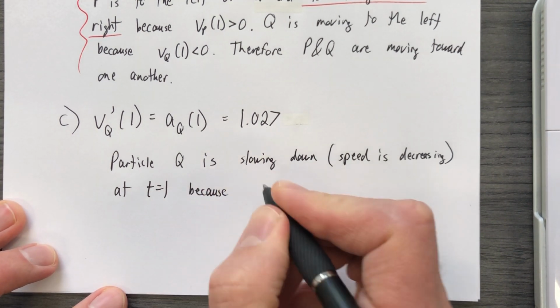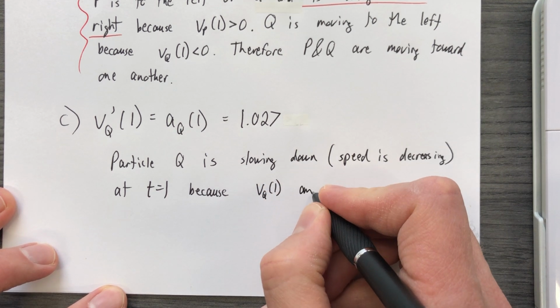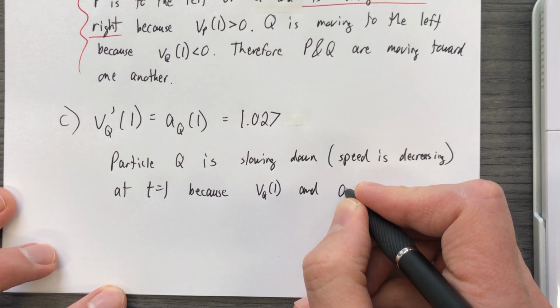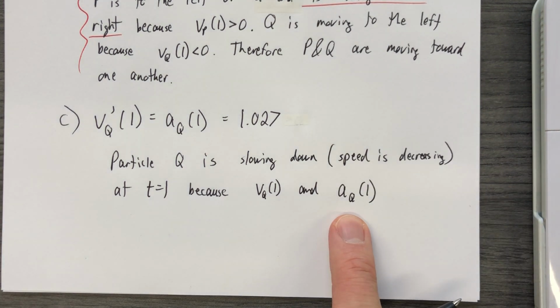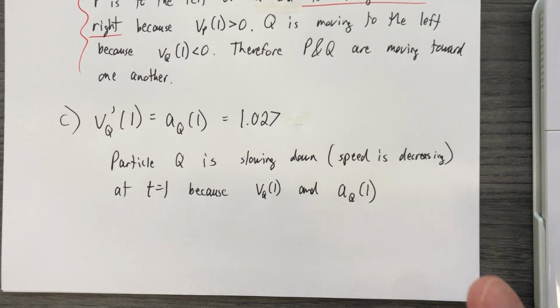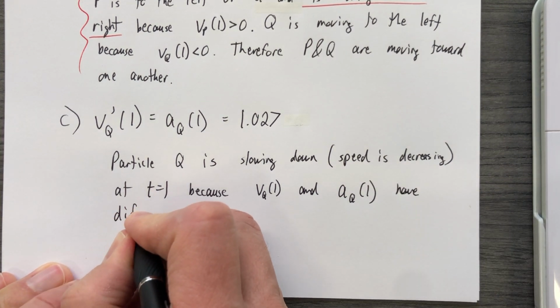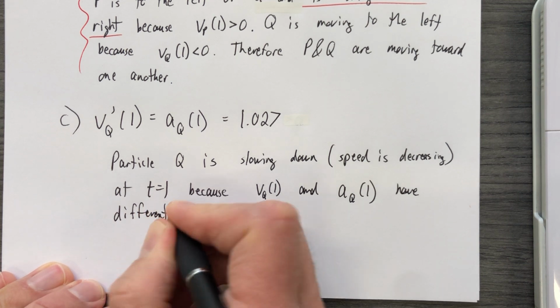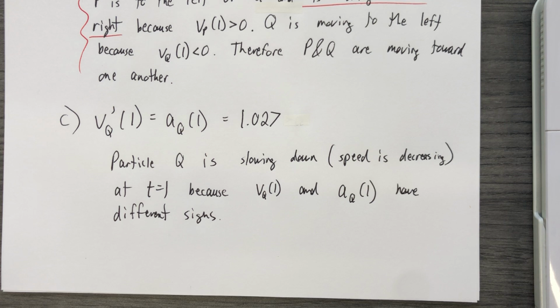Because the velocity at 1 and the acceleration at 1, I can use that now, we've defined it to be the derivative of velocity, have different signs. All right, let's grade it, see how we did.